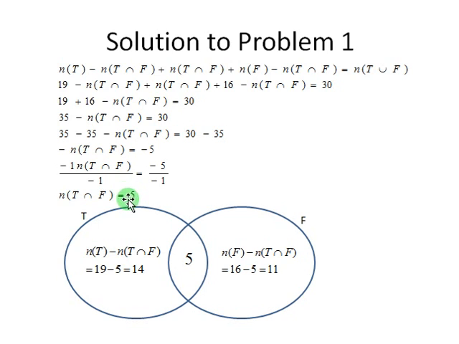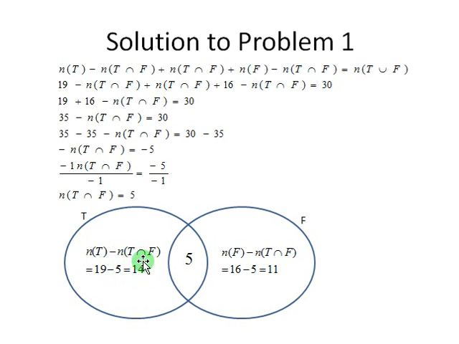So the 5 that I got from this calculation is written here. The number of those who play only tennis was arrived at by subtracting the number of those who play both tennis and football, which is 5, from the total number of students who play tennis, which is 19. 19 minus 5 is 14.